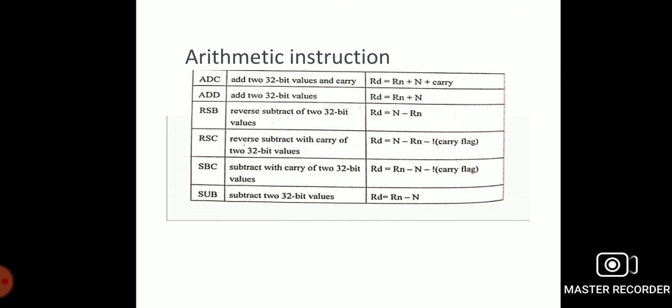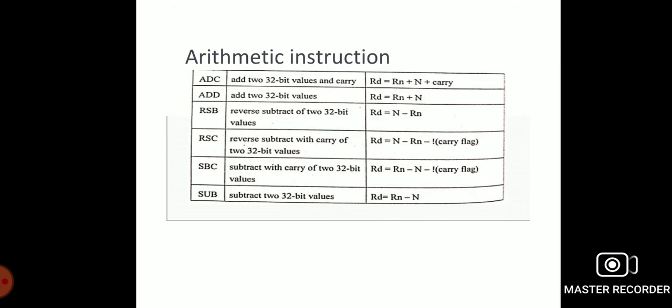So the 32-bit value plus the carry value we can add to the Rn. And to add two 32-bit values, that is ADD, Rd is equal to Rn plus N.